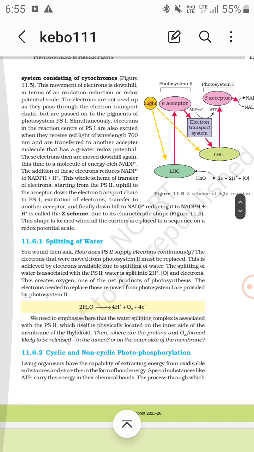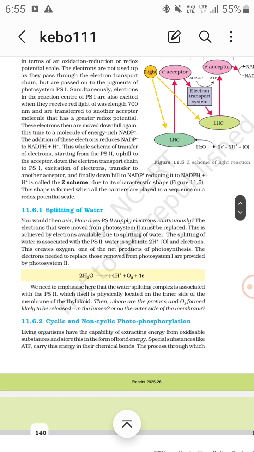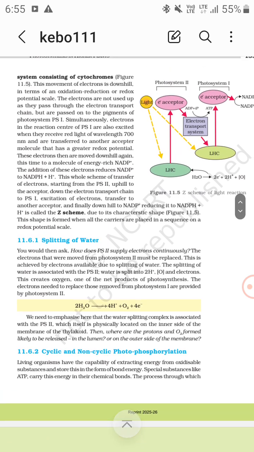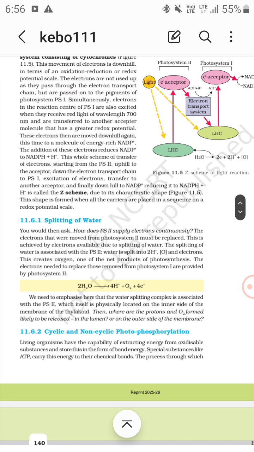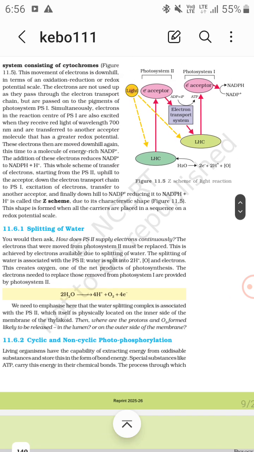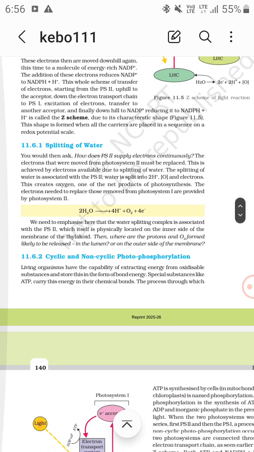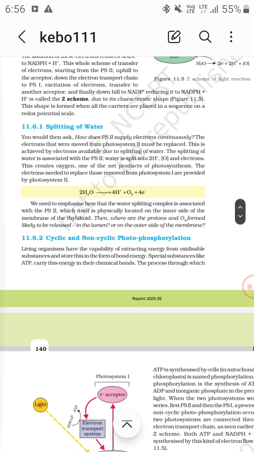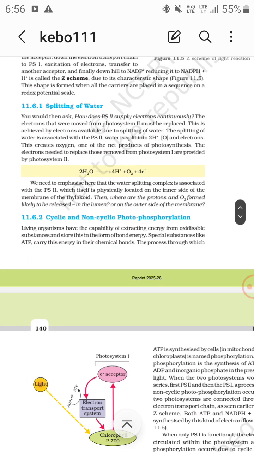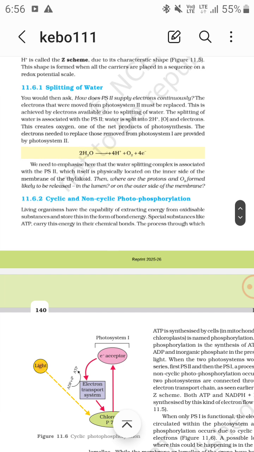Okay, now this is the Z scheme, and on the stroma side there is NADP reductase, where NADP plus gets reduced to NADPH. Now with splitting of water inside the lumen, H plus gets increased, and this is how they create a proton gradient across the thylakoid membrane.